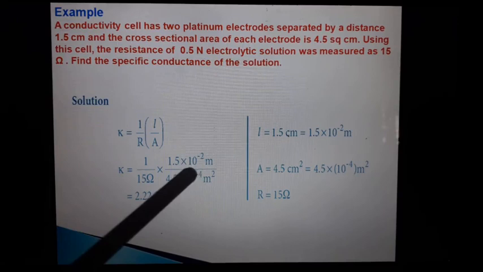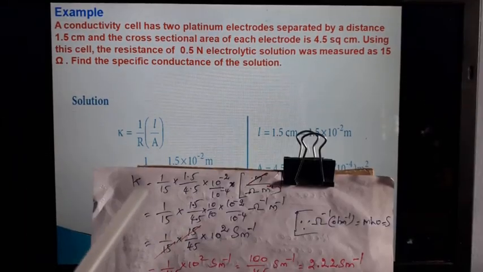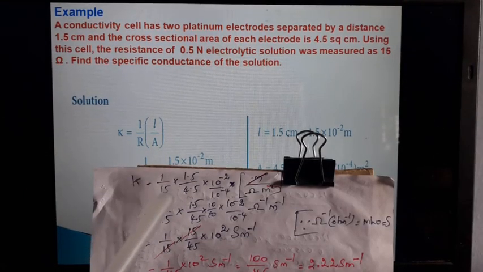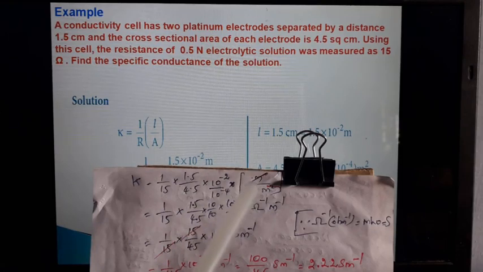The given units I write separately: meter divided by ohm meter square.